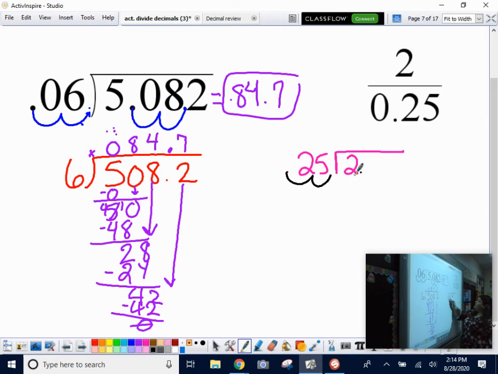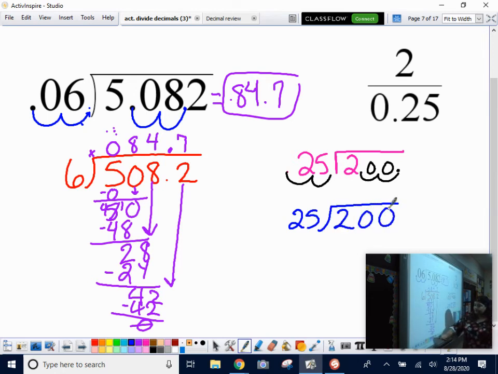And we're going to move it the same amount. So since I moved it 2 in the divisor, we're going to go 1, 2, and add in those zeros right there, okay? So what you are really dividing, rewrite it for us. I'm really dividing 25 into 200. Okay, 25 into 200.